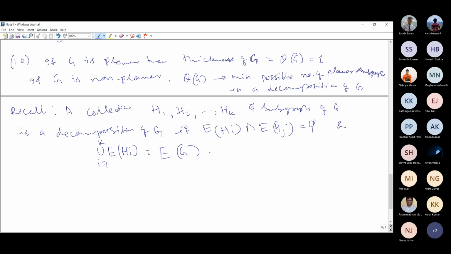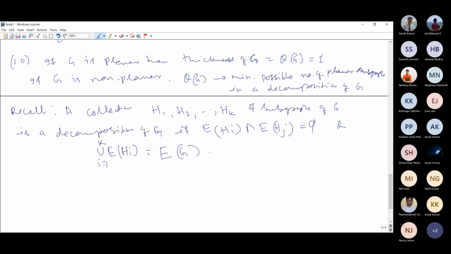So only planar arrangements of edges in every layer. How many layers do you need? You will always try to minimize the number of layers. So the number of layers you need in that circuit layout will be the thickness of the graph.